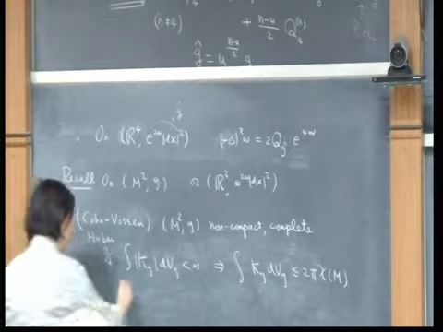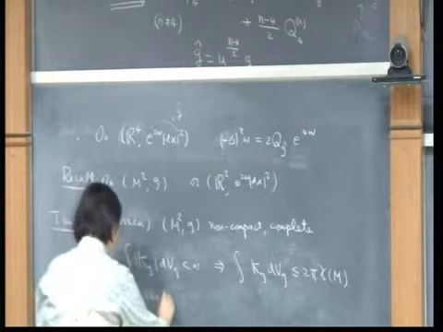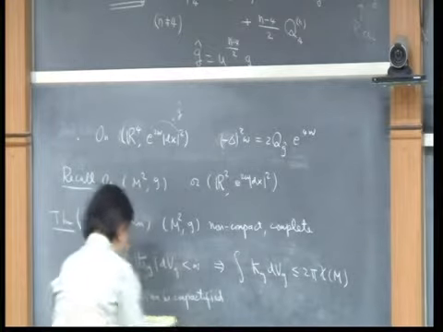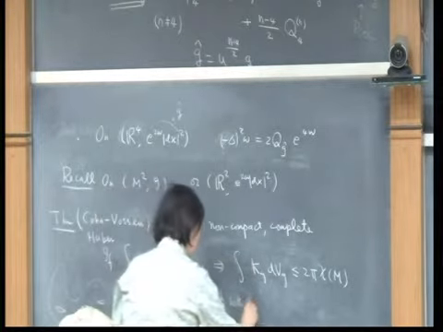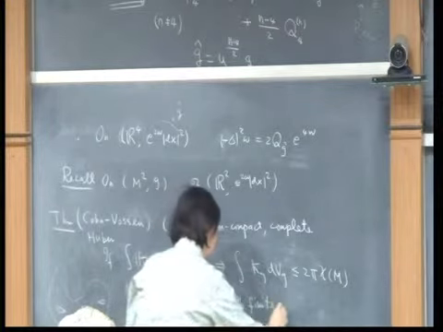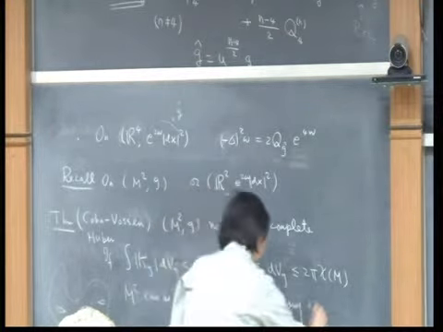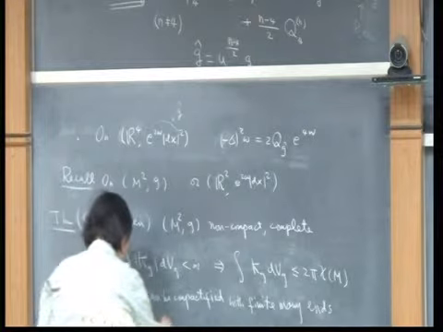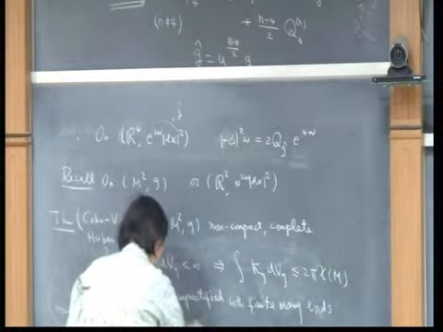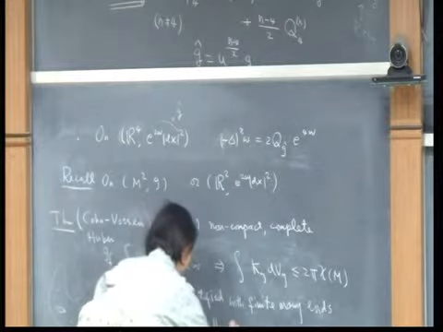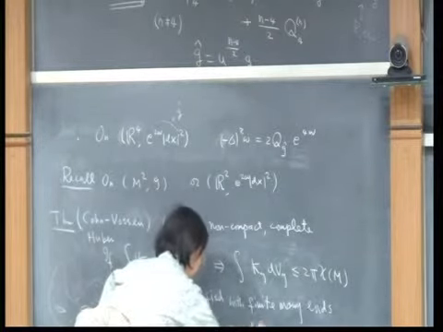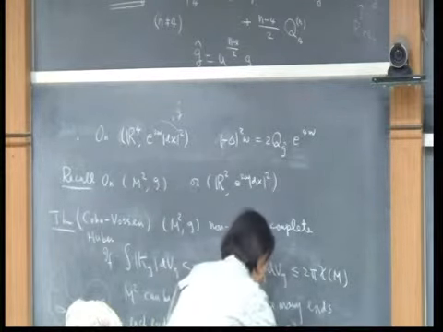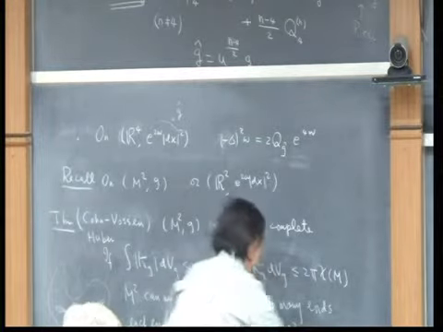So in this case, M2 can be compactified with finitely many ends. Each end is conformally equivalent to R2 minus some compact set, omega i.